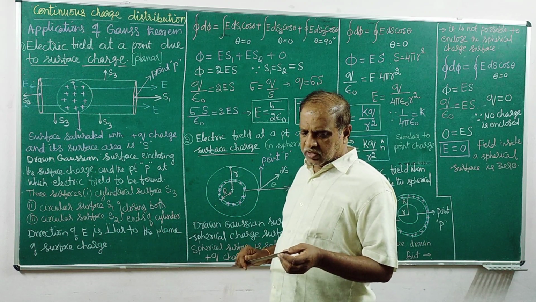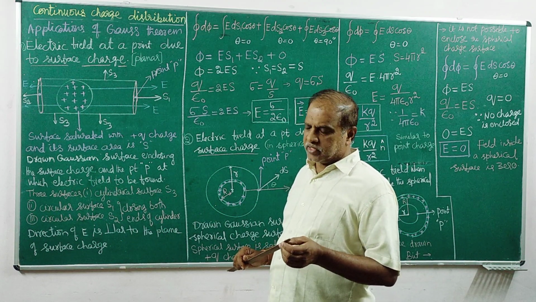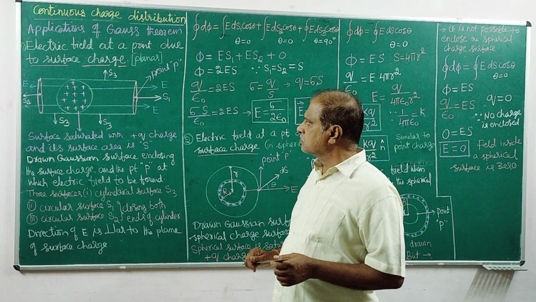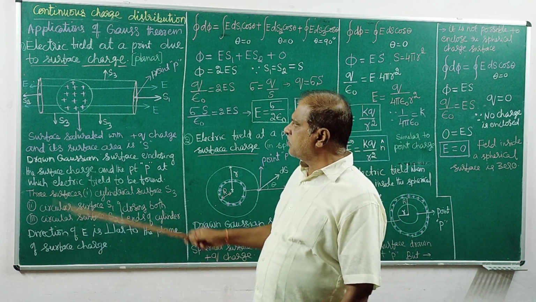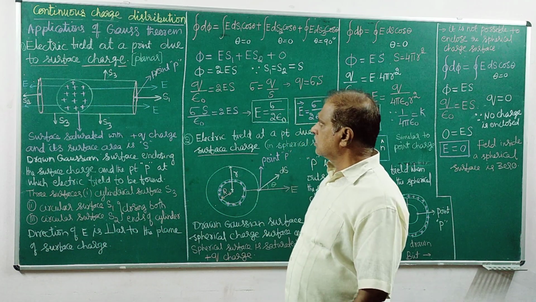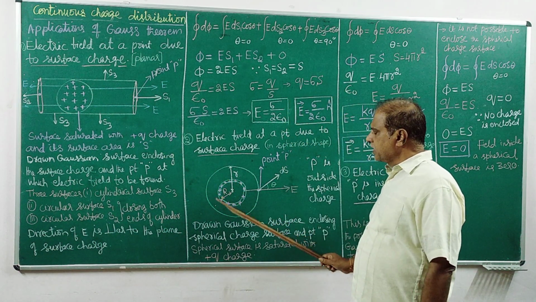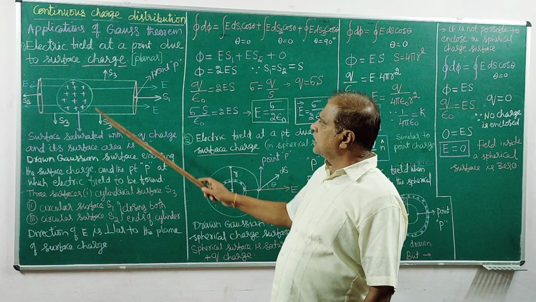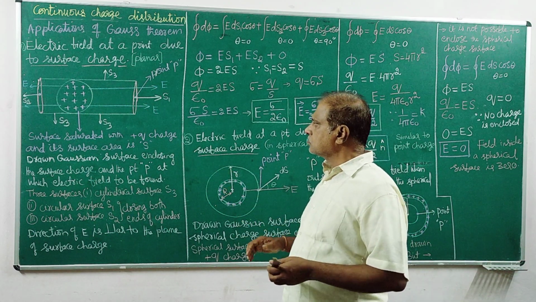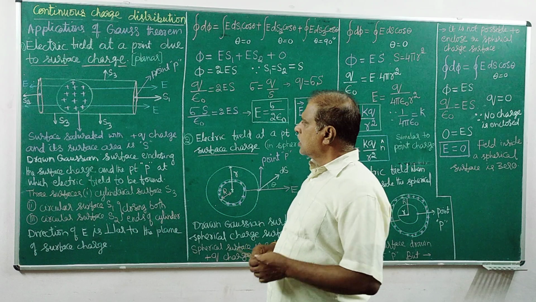Let us see what is the equation for the electric field at a point by this type of distribution. This is a planar distribution and spherical distribution. So let us see what is the equation for this. Look at this equation.